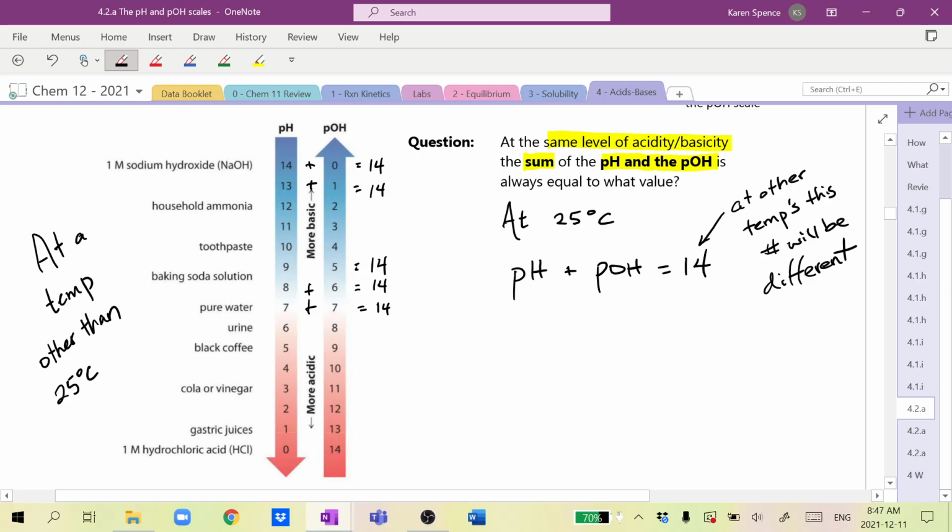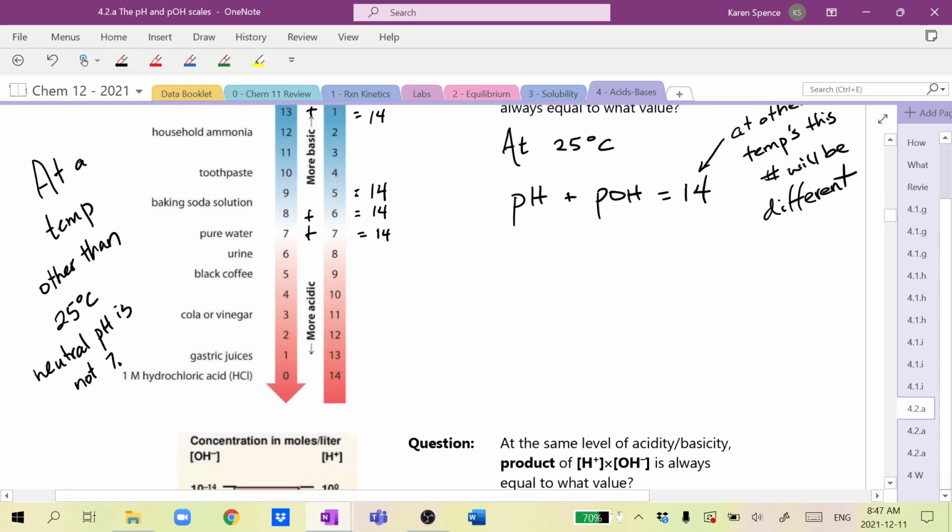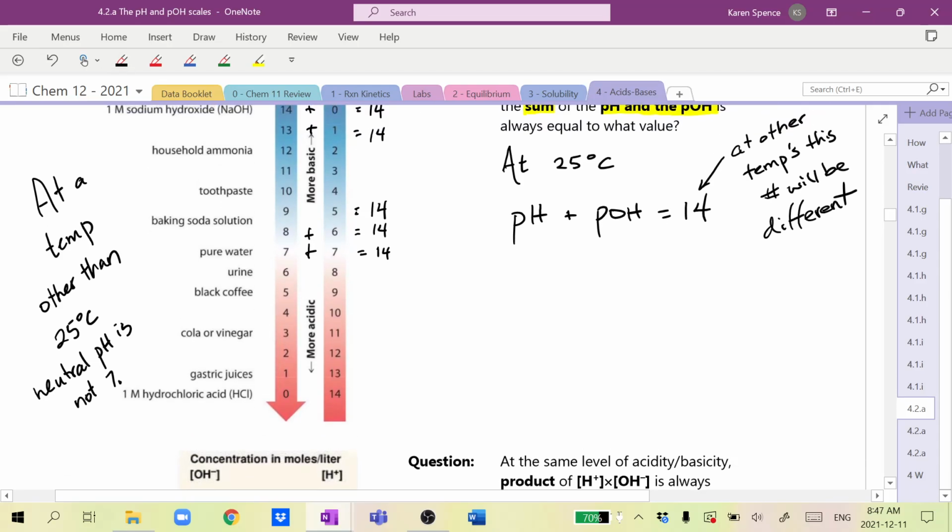At a temperature other than 25 degrees Celsius, neutral pH is not 7. Okay, so that's what we've got there, and we'll learn more about that later. It has to do with the shifting of the equilibrium due to temperature. Ooh, temperature shifts the equilibrium.